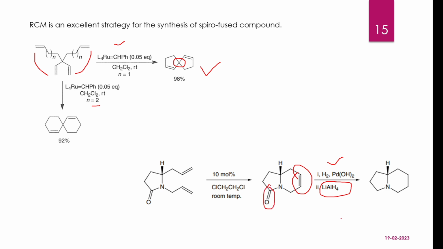This has been done by this reagent, and this has been done by this reagent. Both are reductions, but H2 with palladium is only effective on the double bond, and LiAlH4 only affects the amide or carbonyl system. So the amide will transform into the amine system.